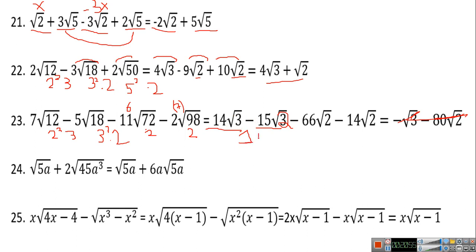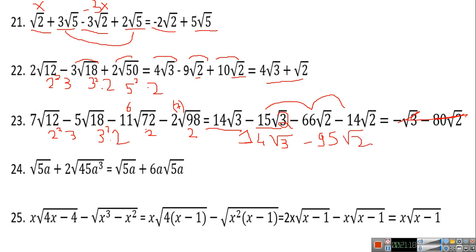I cannot do anything with 14 root 3. Okay. Now root 2, root 2, root 2 I can add. Minus 66 minus 14 minus 80 minus 15, so minus 95 root 2.